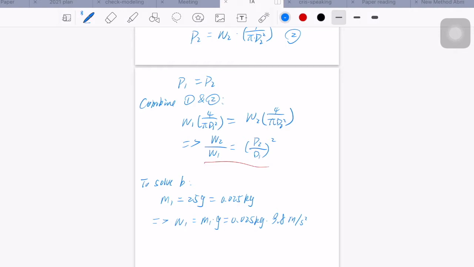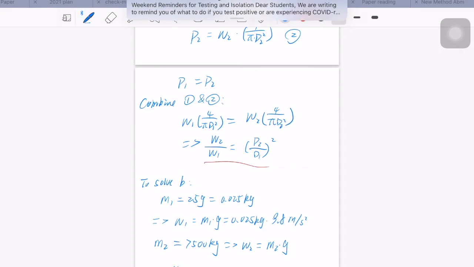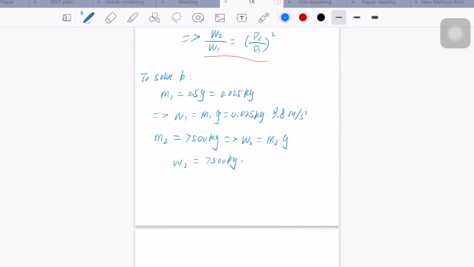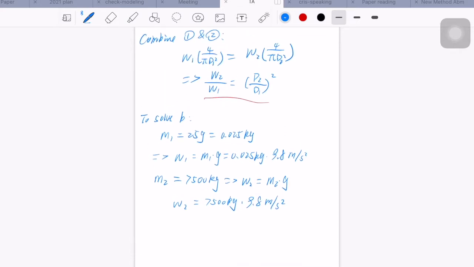We also know the mass of the elephant M2 equals 7,500 kilogram, so W2 equals M2 times g, which equals 7,500 kilogram times 9.8 meters per second squared.